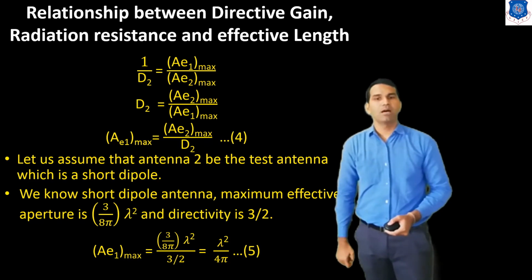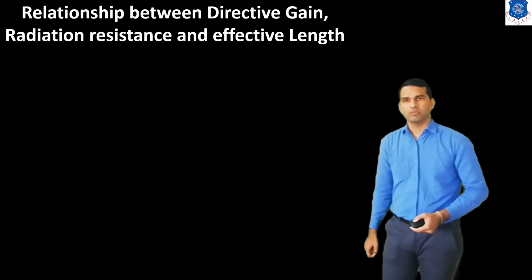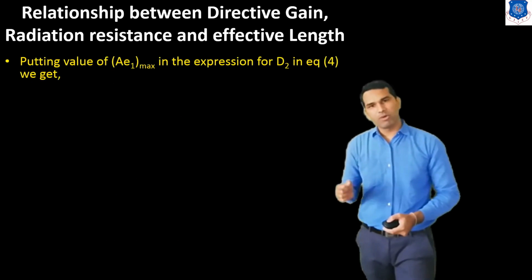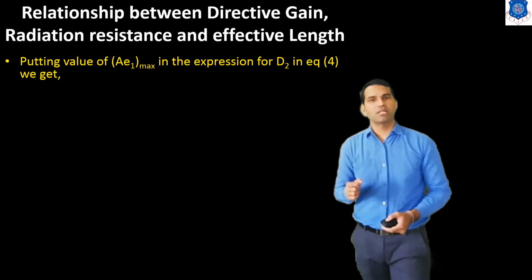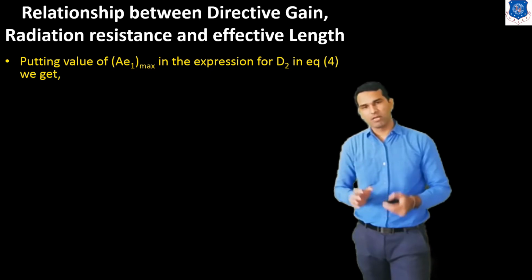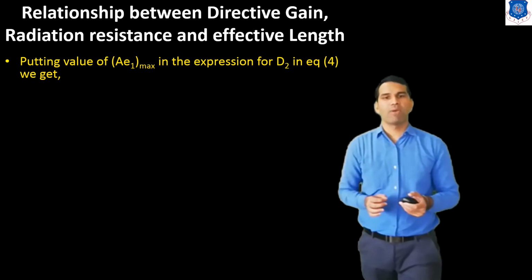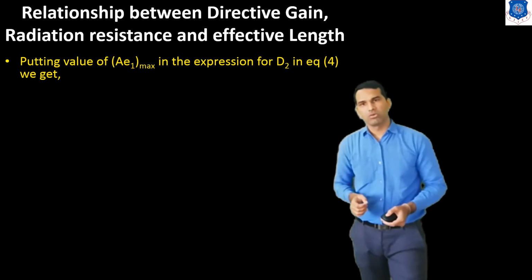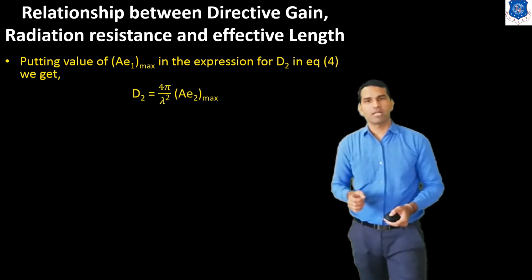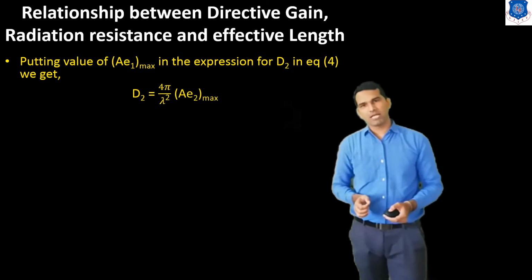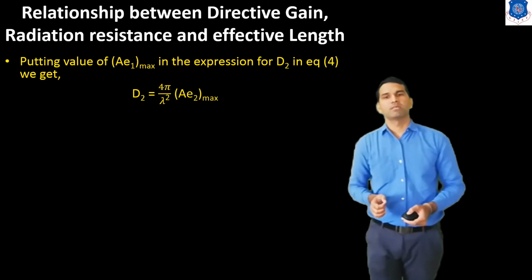Here lambda is the wavelength. Now we substitute the value of AE1 maximum in the expression for D2 in equation number 4. So we get D2 is equal to 4 pi upon lambda square AE2 maximum.